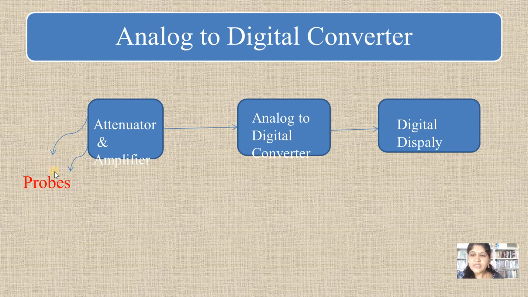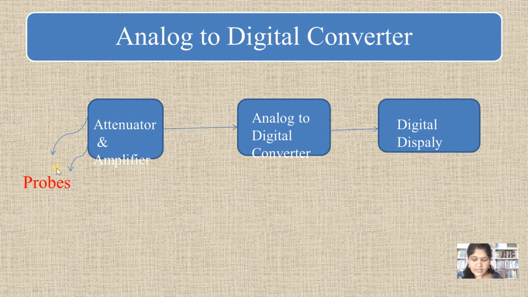Through these probes we give the input voltage, then this signal will be amplified. It will be converted into digital form by the analog to digital converter, and then the digital display is going to give us the value of the input voltage.